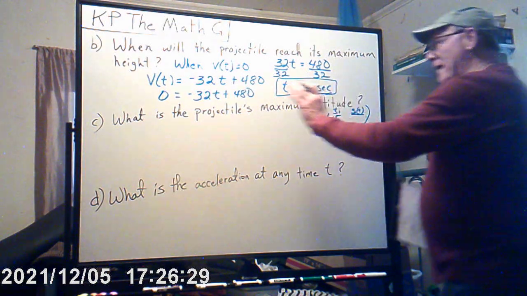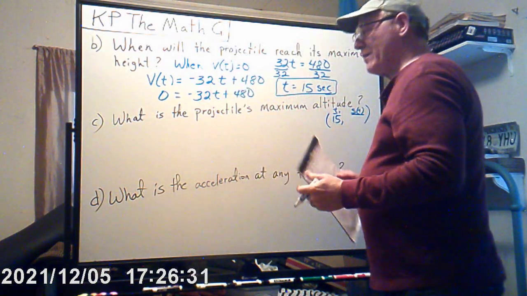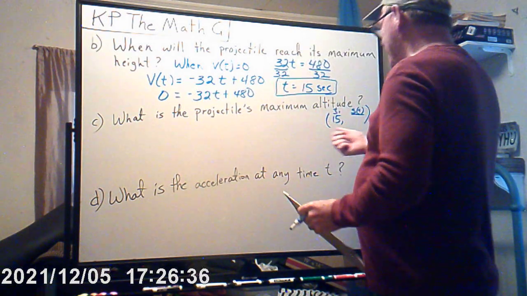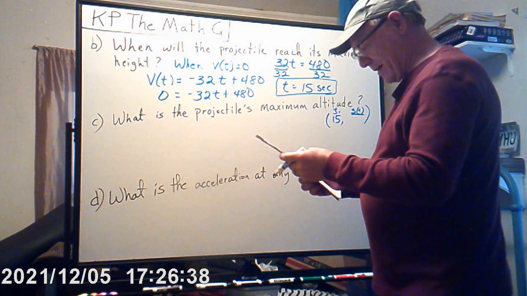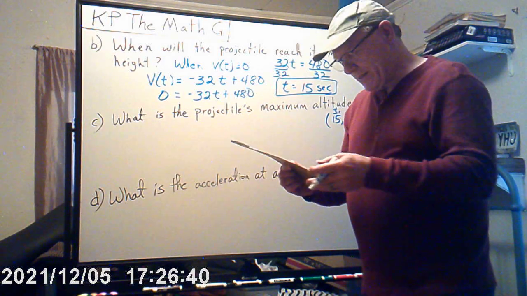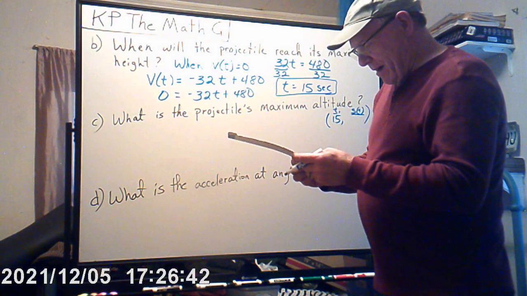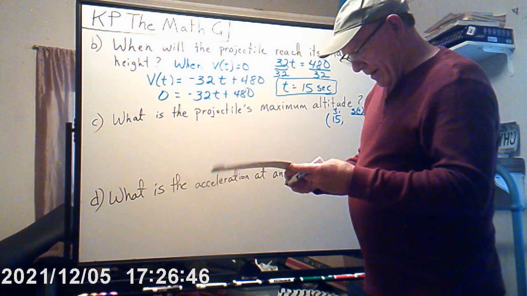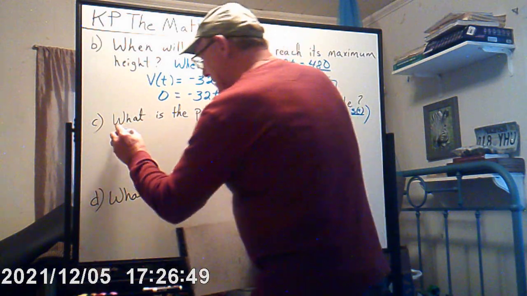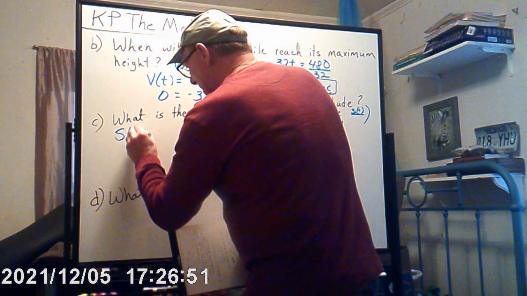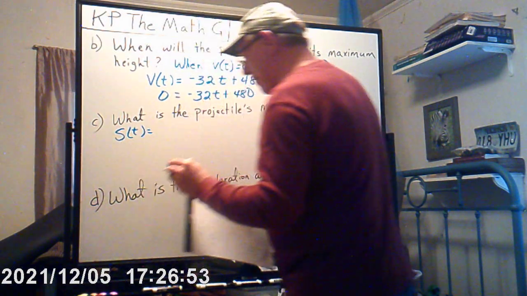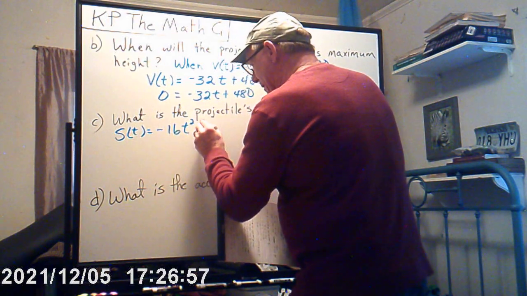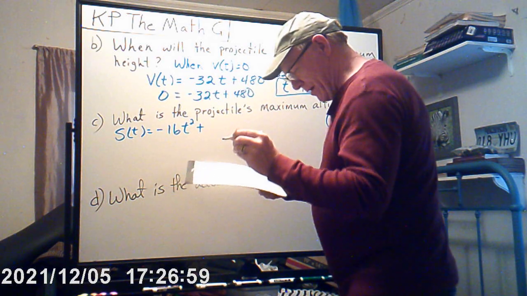So we don't go back to the velocity equation, we go back to the distance equation, because we're seeing how high this thing is going to be. Think about that when you're doing these types of problems. So s at t, remember we said that was negative 16t squared plus 480.